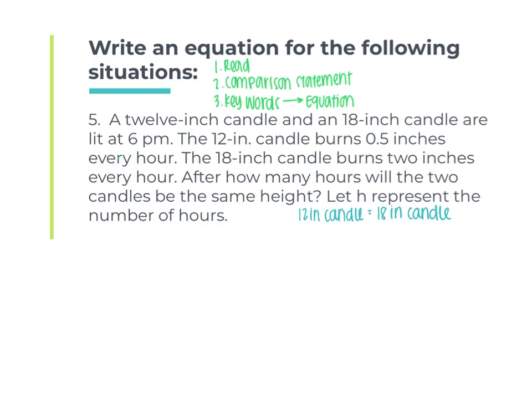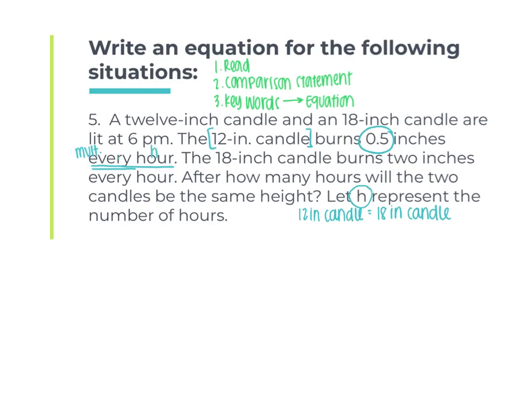So let's start with that 12-inch candle. So the 12-inch candle, which is our first situation, burns a 1/2 inch every hour. So half every hour. We know that every, just like each or per, lets us know it's multiplication. And we know that instead of hour, we're going to use the variable h.